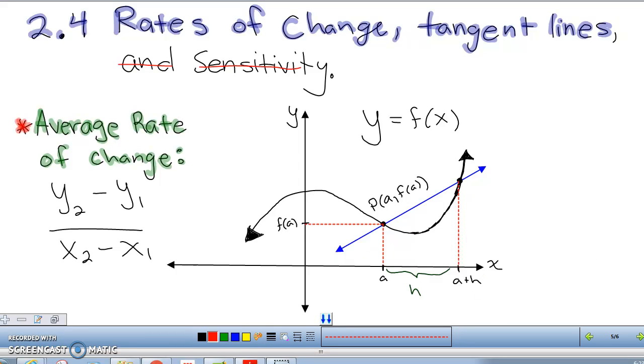That value is a plus h, and that means the y value is f of a plus h.